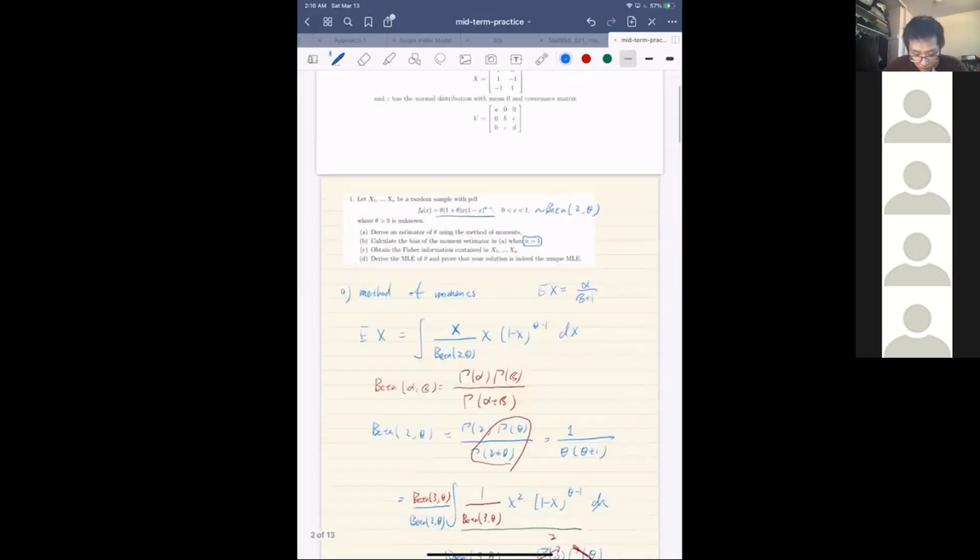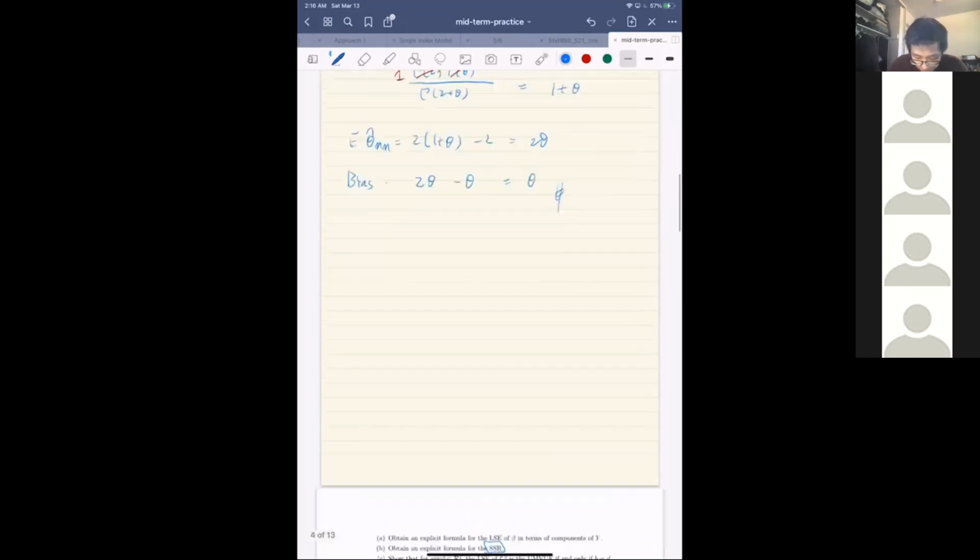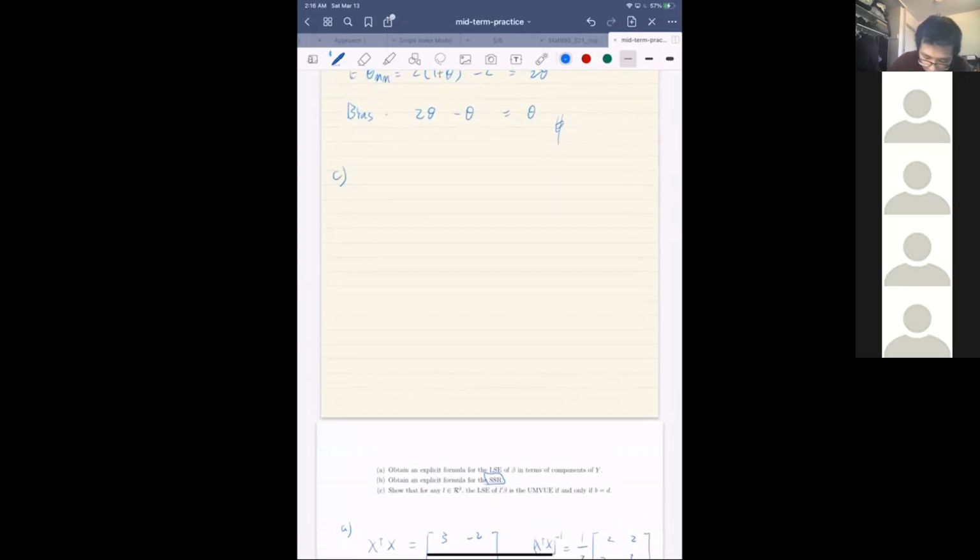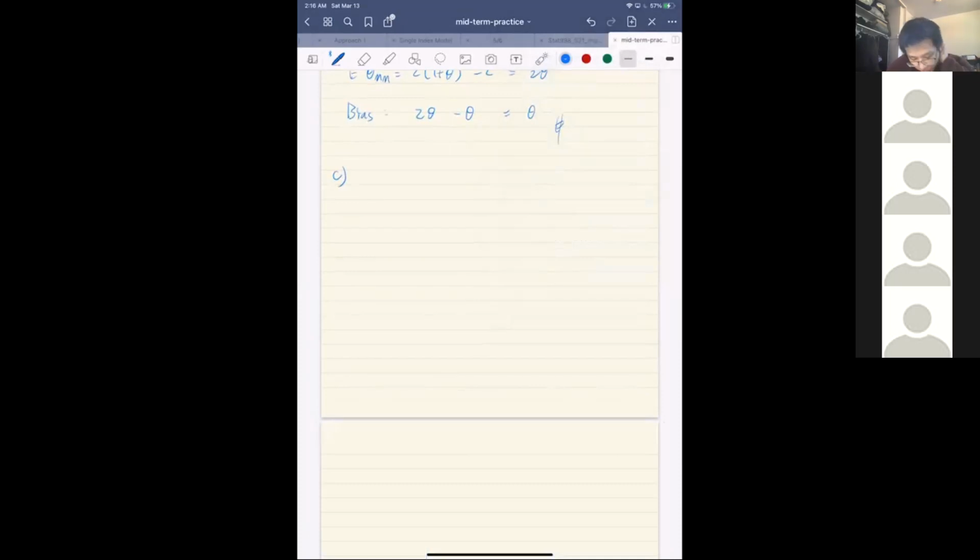And then we want to find the Fisher information contained in S1 to Sn. Question C. Let's define the likelihood function L of theta.